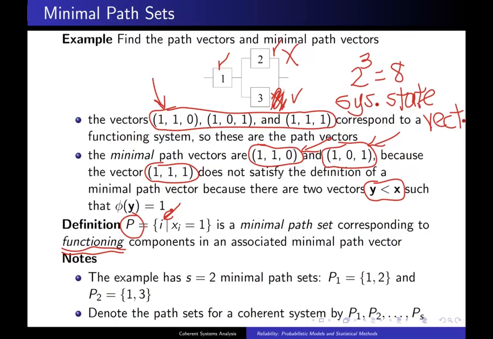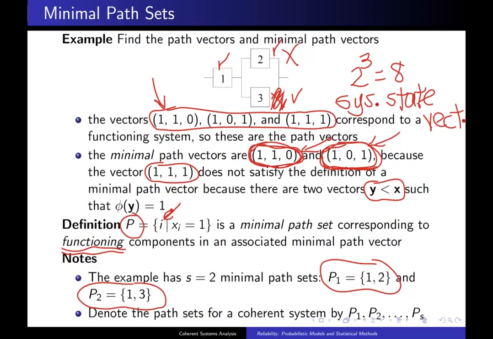So here is the idea. In this first minimal path vector, 1, 1, 0, the indices associated with the operating components are 1 and 2. In this minimal path vector, 1, 0, 1, the operating components are components 1 and 3, so that is our second minimal path set.